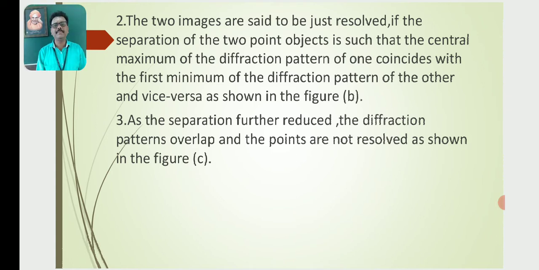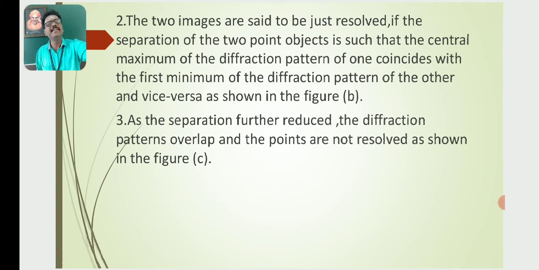Third factor: as the separation is reduced further, the diffraction patterns overlap and the points are not resolved.